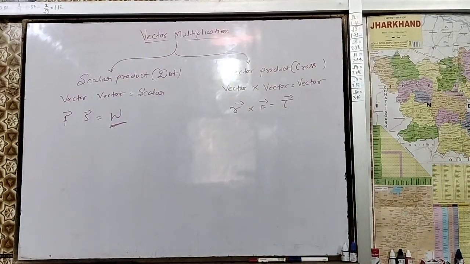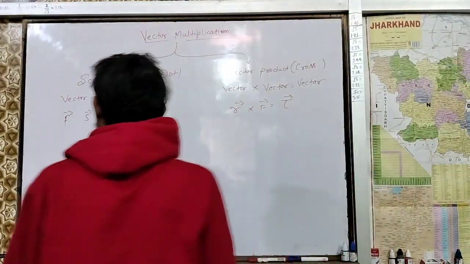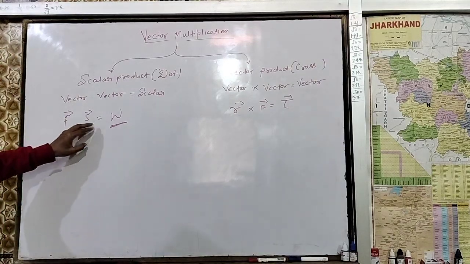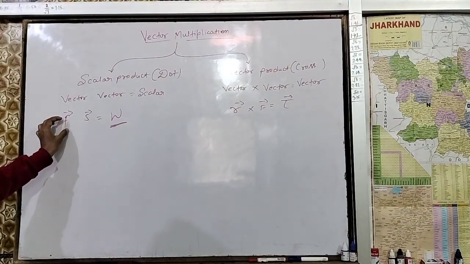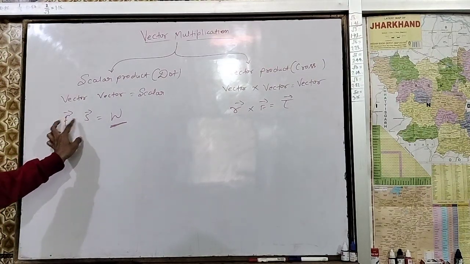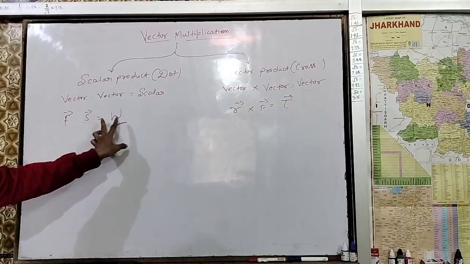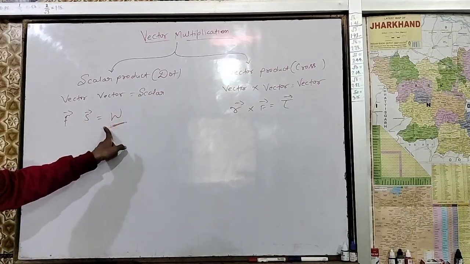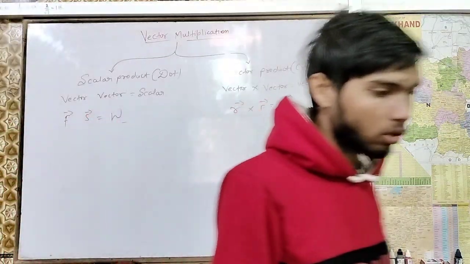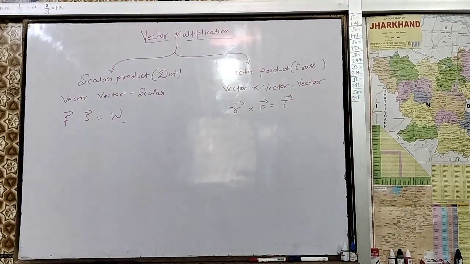Do you understand till here? Now let's prove what the logic behind this is. We multiply two vectors and then get a result without direction. What is the logic behind it?